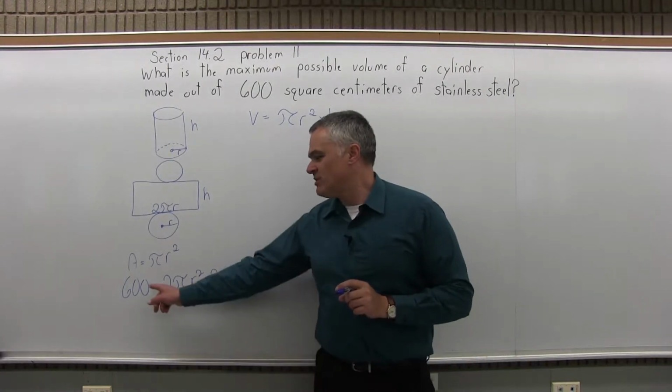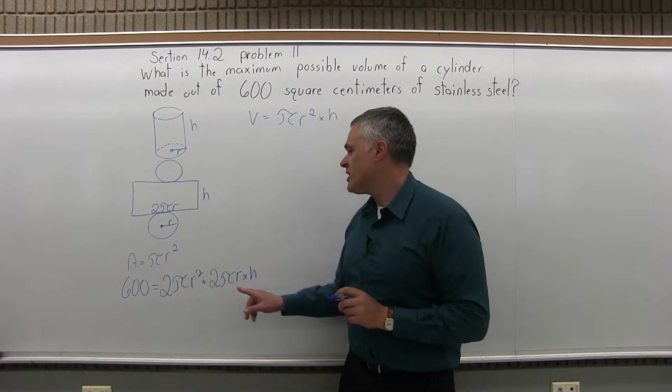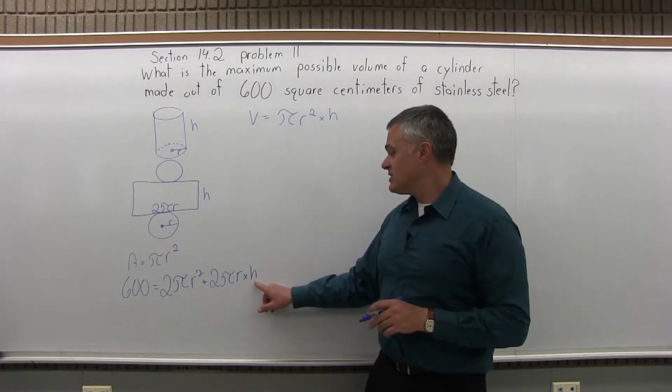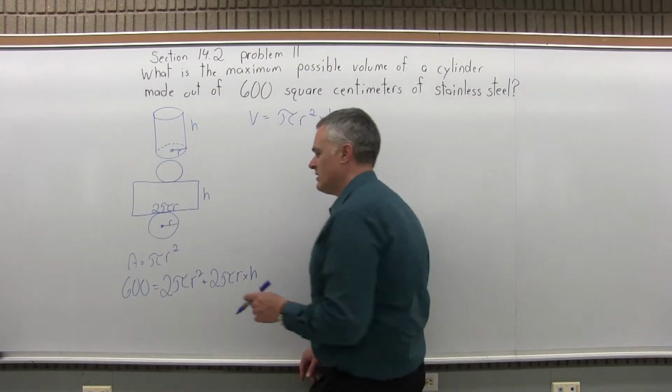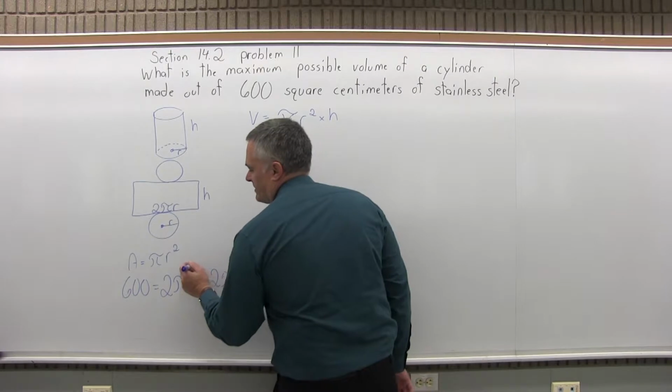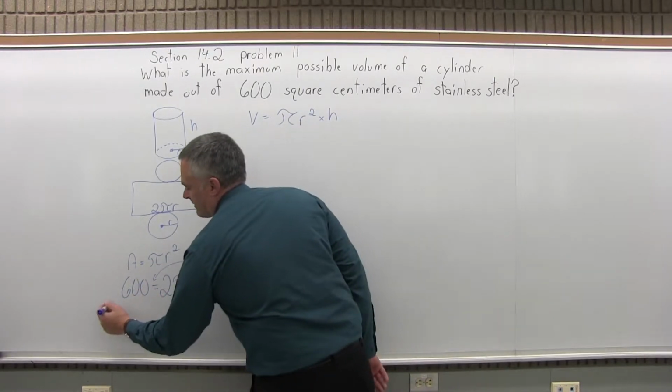So now, because that multiplies out to 600, I can either solve it for r or solve it for h. Either one can be done. The h is easier because h only shows up in one spot. So I'm going to solve for h. So to get the h by itself, let me start by taking the 2 pi r squared over with the 600.